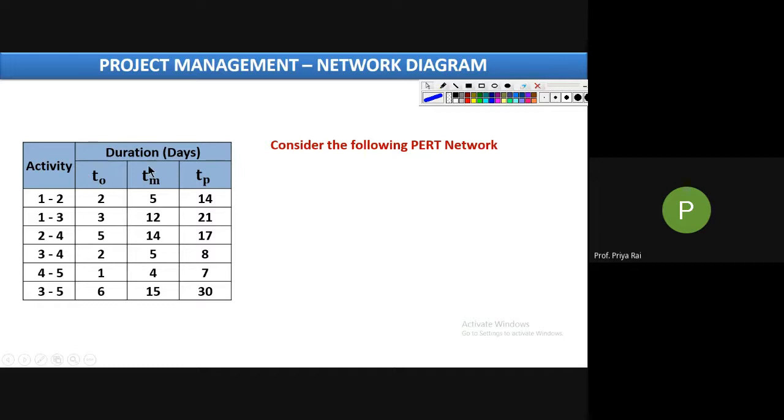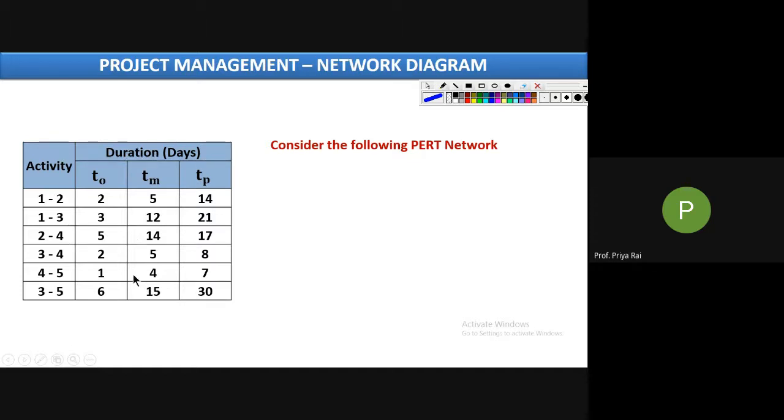Since there are 3 values of duration, there is no fixed time duration. There are 3 variables for the time, which means there is uncertainty in the time. So we can say this is a PERT network diagram.